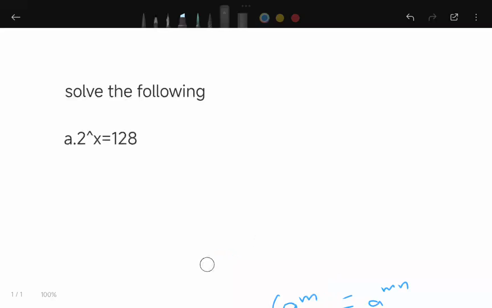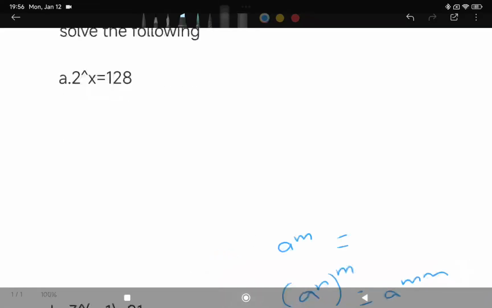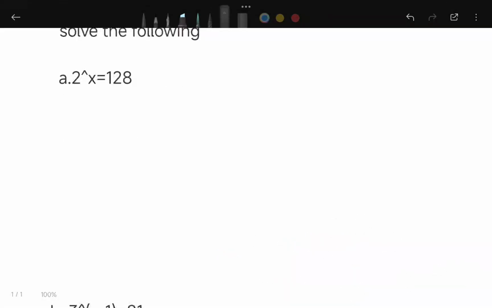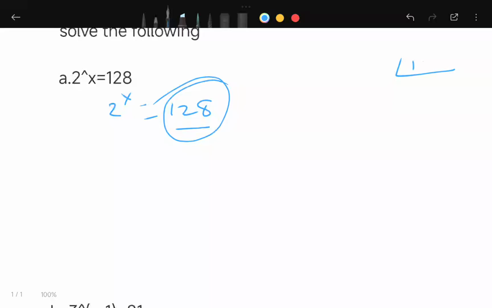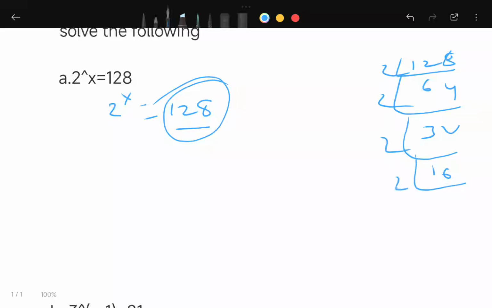2 power x equals 128. Let us solve for x. 2 power x equals 128. So let's first prime factorize this 128. 2 64s are 128, 2 32s are 64, 2 16s are 32, 2 8s are 16, 2 4s are 8, 2 2s are 4, 2 1s are 2.